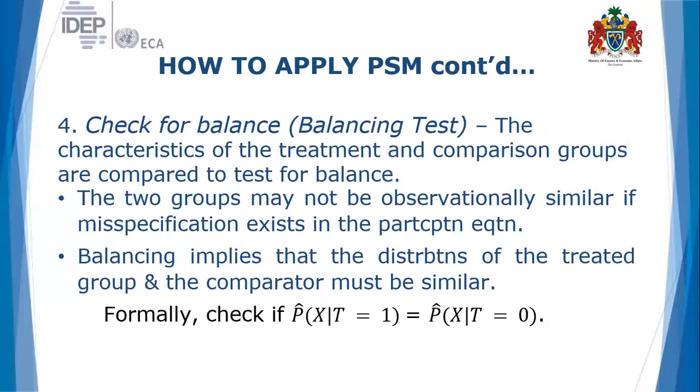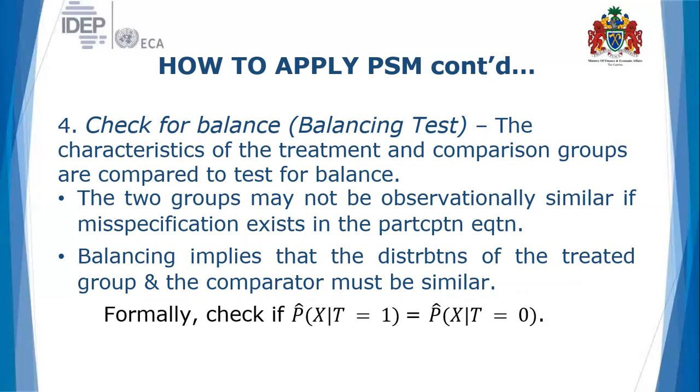Step number 4 is checking for balance, or the balancing test, where the characteristics of the treatment and comparison groups are compared to test for balance. Note that the two groups may not be observationally similar if misspecification exists in the participation equation.